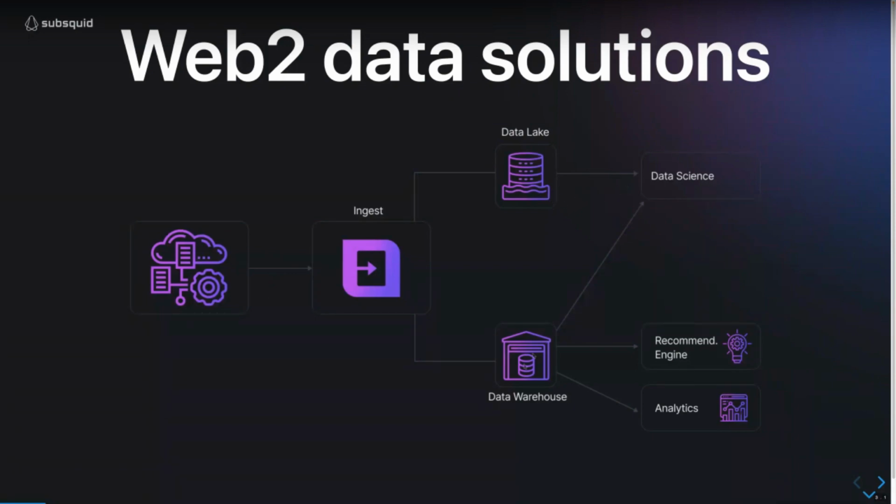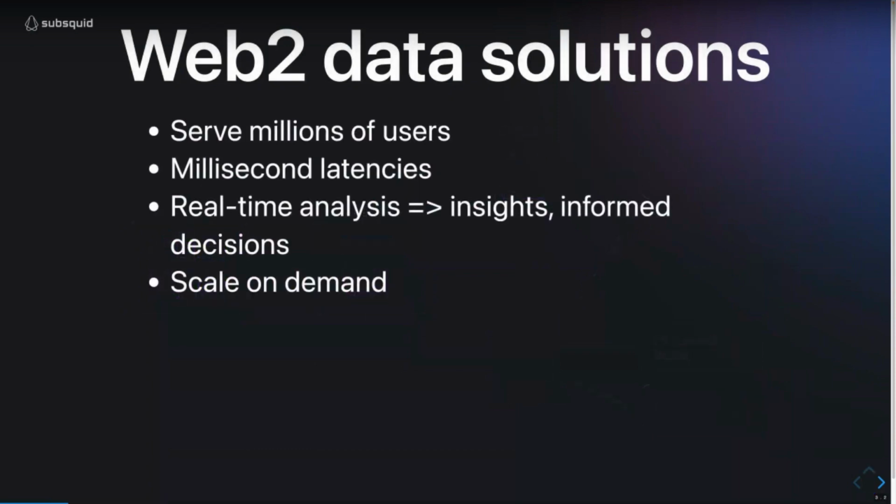So they have data lakes, data warehouses. I didn't write it here, but you usually even have a cache layer for the web server itself. So not everything is served by one single database, but it's actually what's happening today with the blockchain.